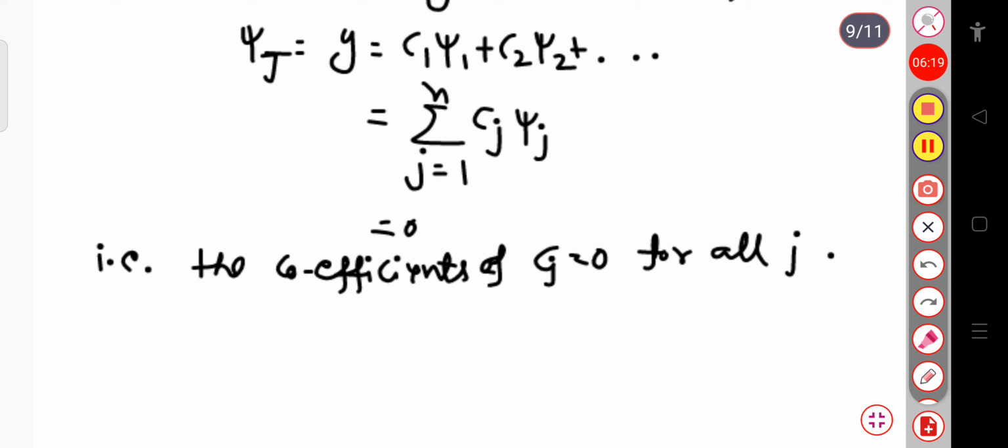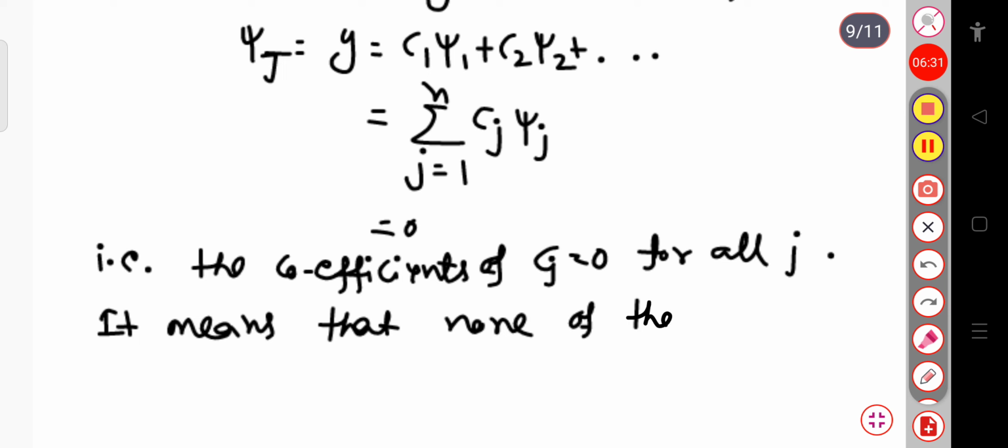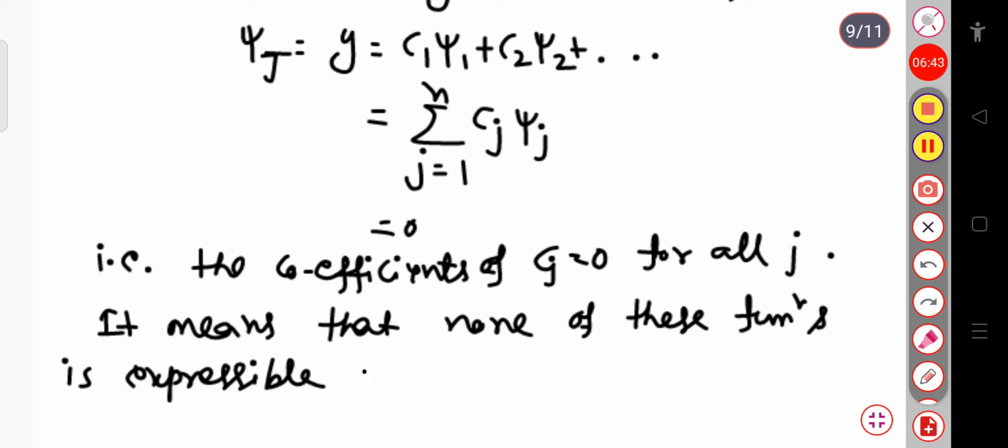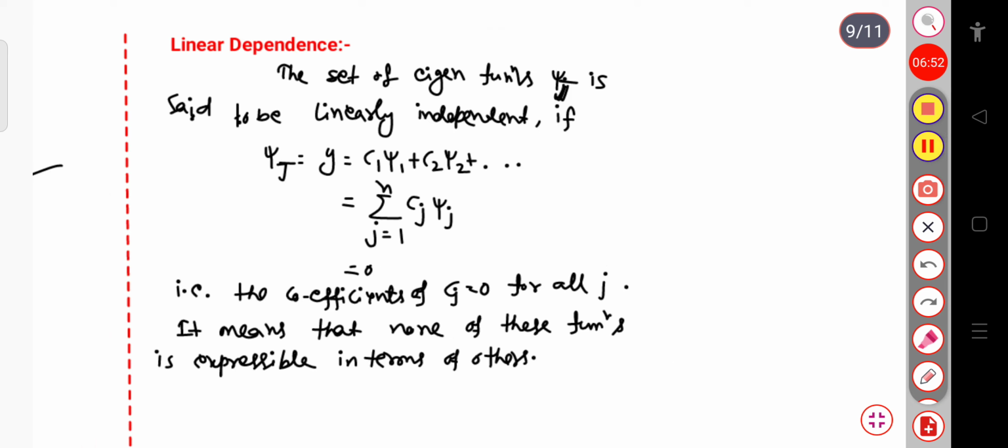It means that none of these functions is expressible in terms of the others. So this is called linear independence.